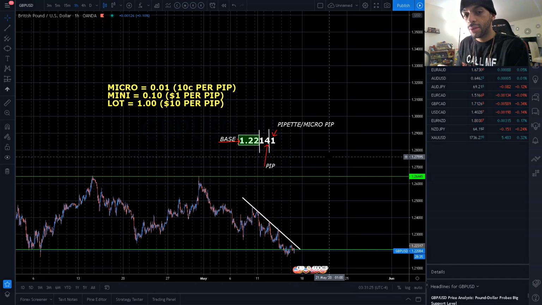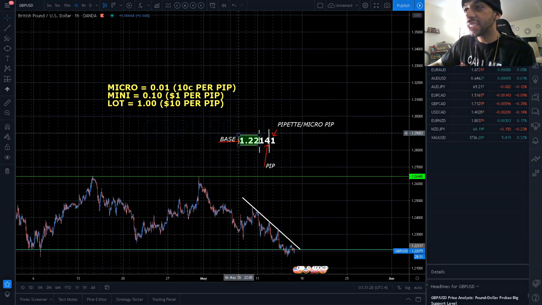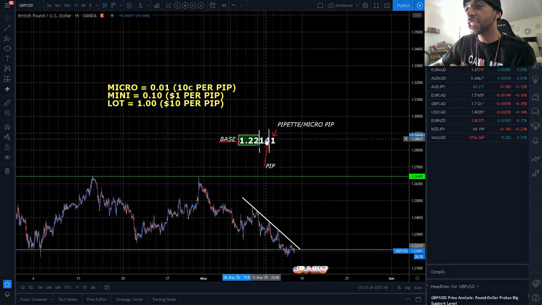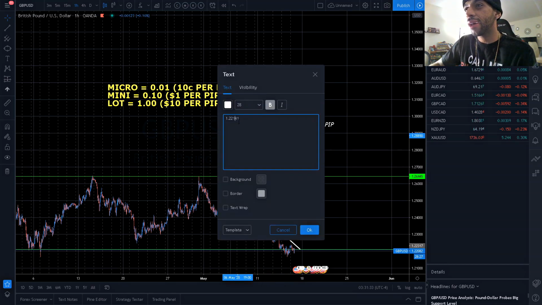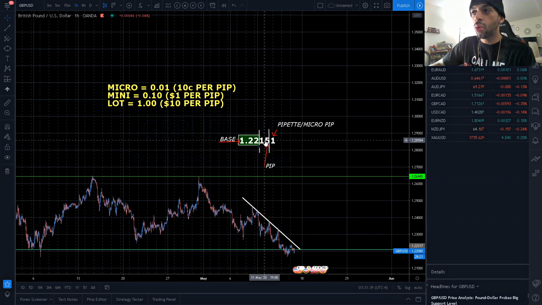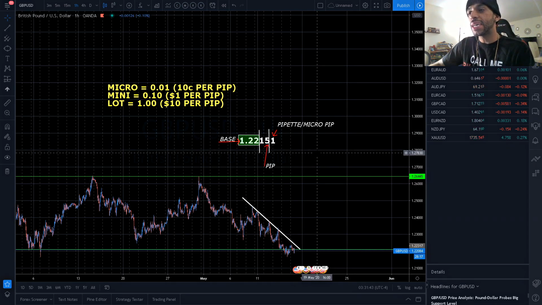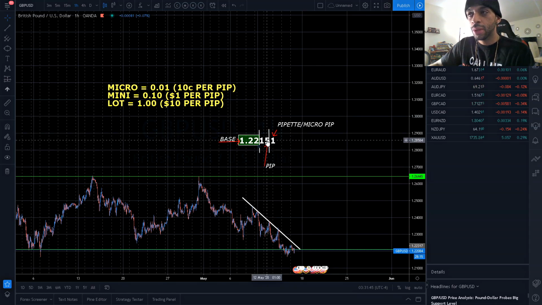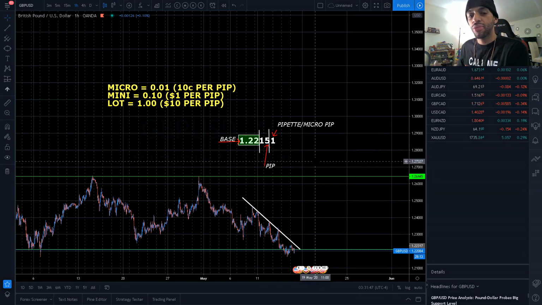So for example, let's change the 1.4 to 1.5 just to make this example easier to understand. Let's say this 1.5 right here, the 5 is my pip. Let's say I go 5 pips in profit.